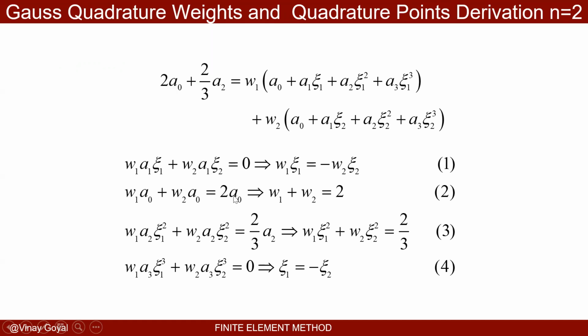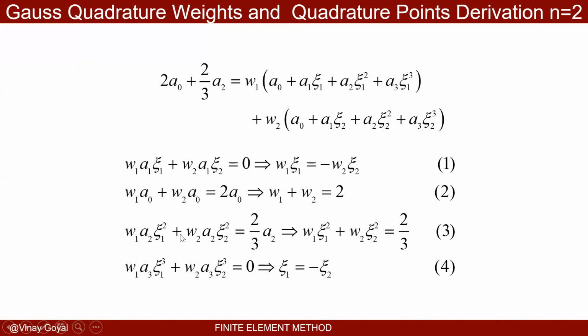So that equation is that one. So you know that W1 plus W2 is 2. You also know that W1 times A1 times C1 plus W2 times A1 times C2 has to be 0 because I don't see an A1 on the left-hand side. So therefore, W1 C1 is the minus of W2 C2.